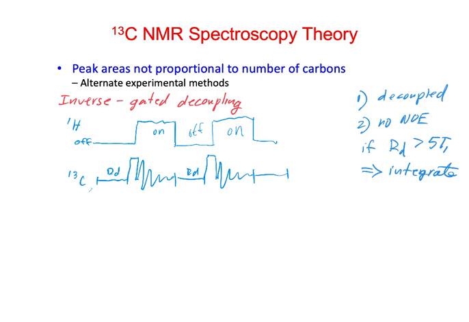I'm trying to think of a situation in which I would actually need the integrations. Right, you may not. It's more like if you didn't know anything about the molecule and you didn't have other ways to tell. If this is the only thing. Okay, so if there's an inverse gated, there's also a gated decoupling.